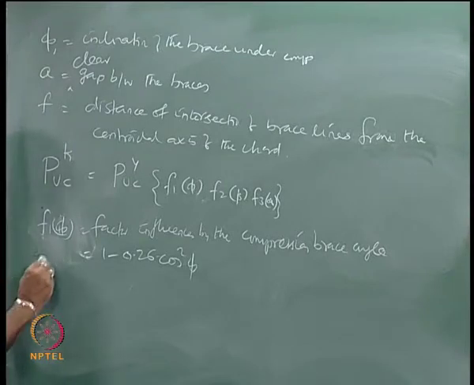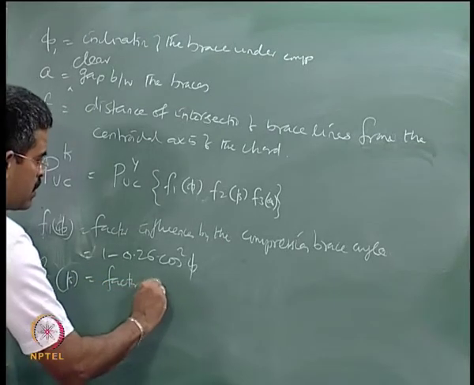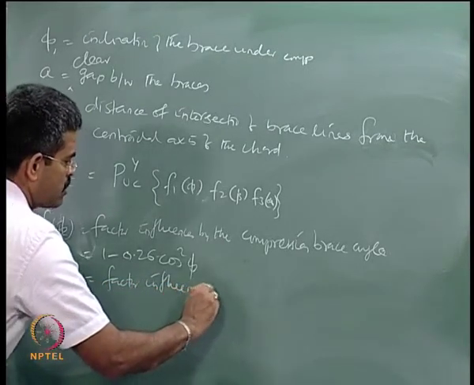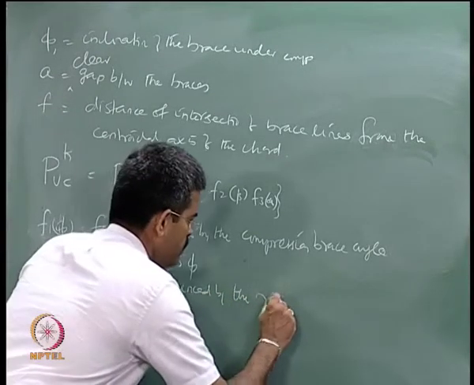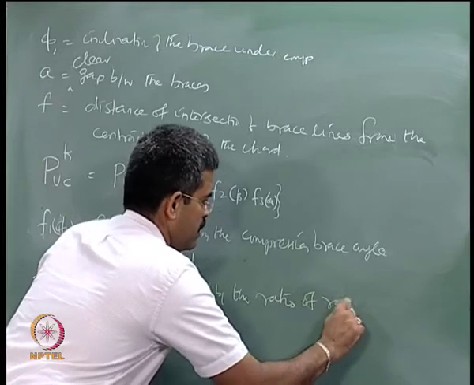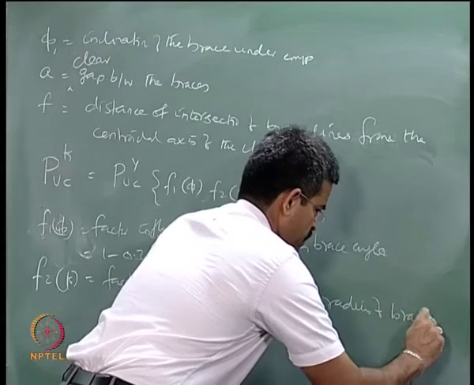F2 of beta is the factor influenced by the ratio of radius of brace and the chord.